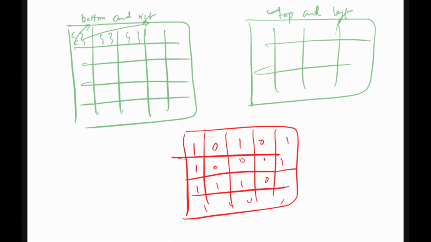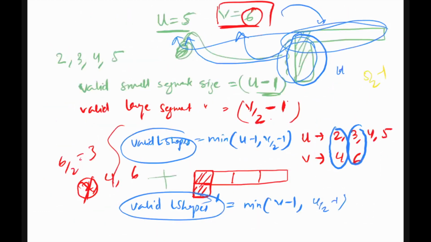For each of these ones and zeros, we need information of how many consecutive ones to the right, left, top and bottom there are, so that after we have calculated all these values, we can just traverse each cell of that matrix, and for each cell where we have a 1, that can be a shared cell in a particular L. For that shared cell we can consider all the four possibilities, which is the combination of the directions taking 2 at a time, and for each of these possibilities we can take out the maximum number of L shapes using the formula we discussed here. So this is how we are going to approach.